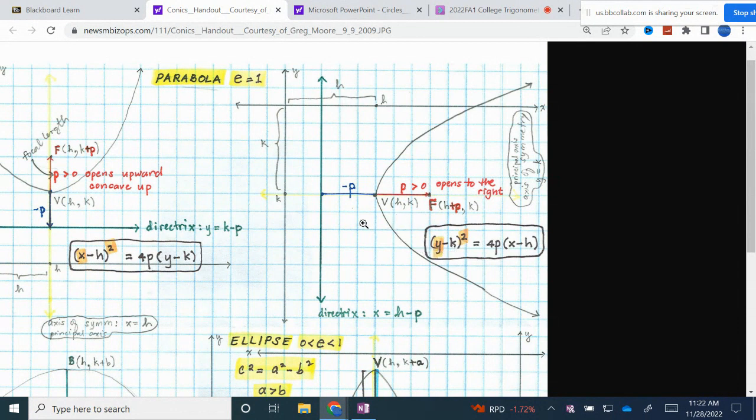Because when we write out our vertex, the vertex is still h comma k, but you must be careful when you situate your vertex within your equation. The focus has the formula h plus p comma k, and the directrix has the formula x equal to h minus p. So again, we have to know the values of h, k, and p.